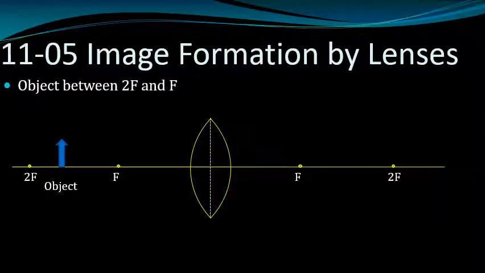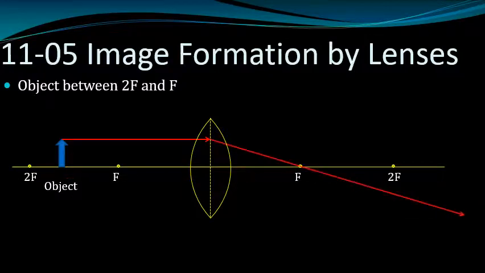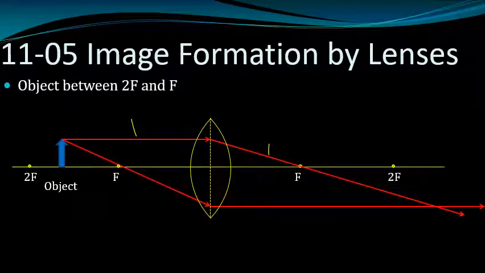Ray 1, what did ray 1 do? That's right, it goes from the top of the object, parallel, and then hits the lens. And then it refracts and goes through f. This is ray 1. Alright, what did ray 2 do? Ray 2 started at the object and goes through f, that's right, and then bends parallel to the principal axis.